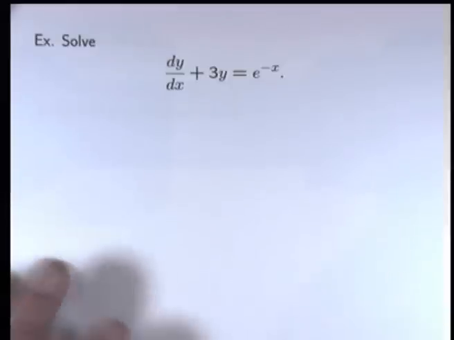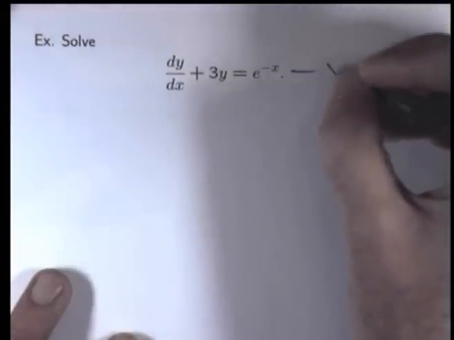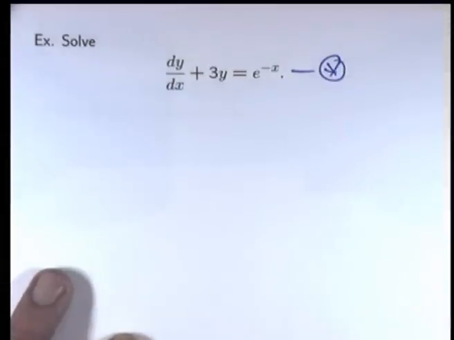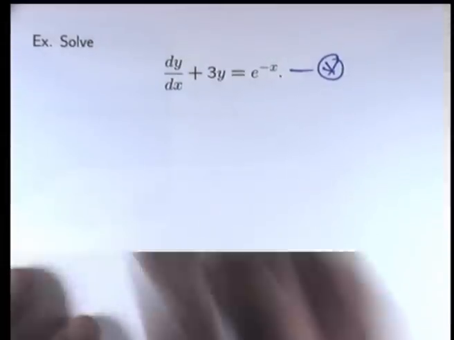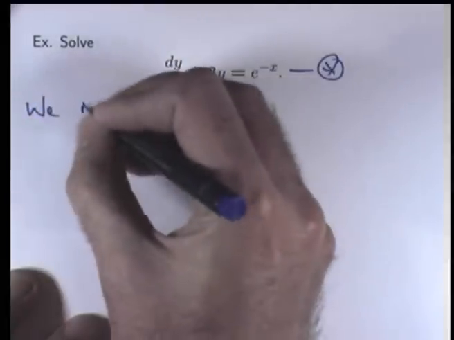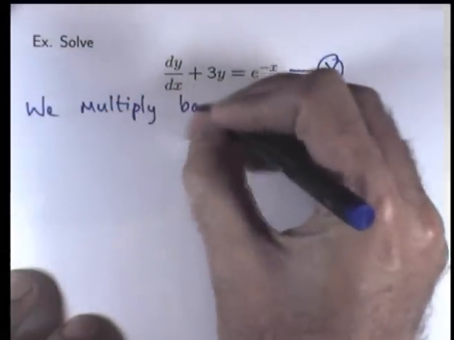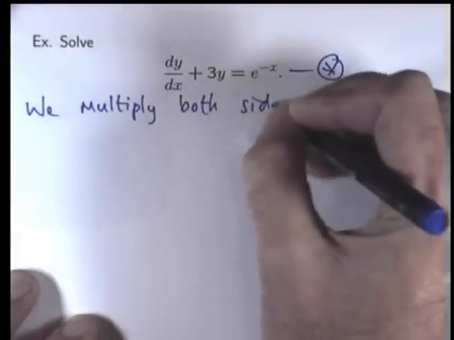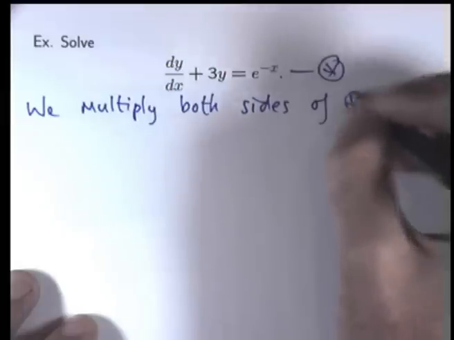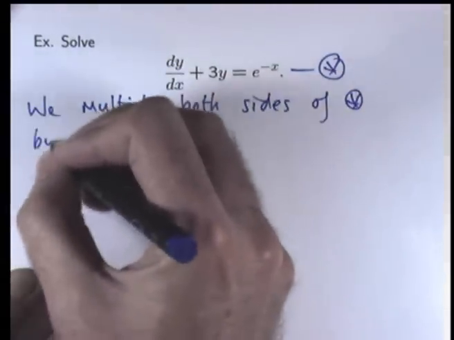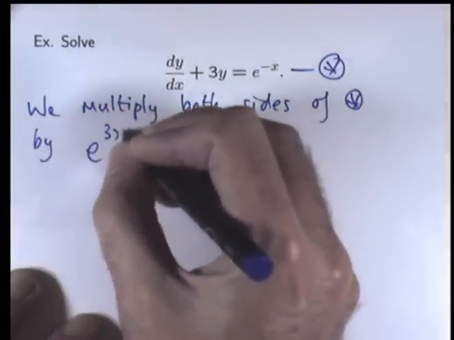All right, so I'm going to label this, and I'm going to multiply both sides of our ODE by e to the 3x.